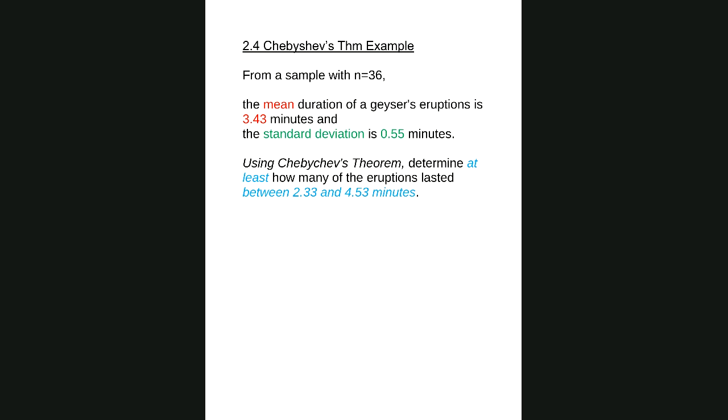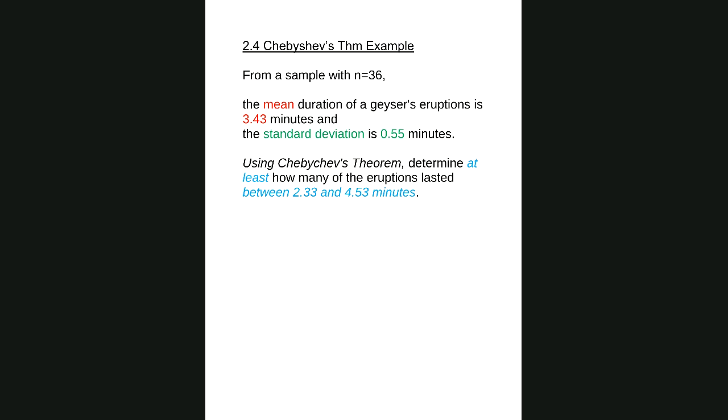So it says the mean is 3.43. I'm going to draw sort of a number line and put 3.43 in the middle. And it says the standard deviation is 0.55, and this is a sample with n equal 36.